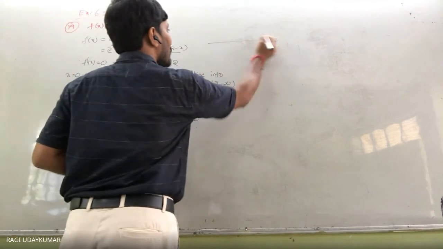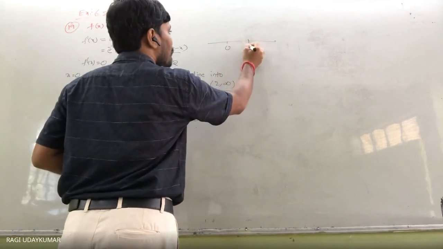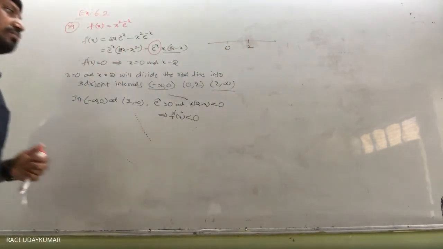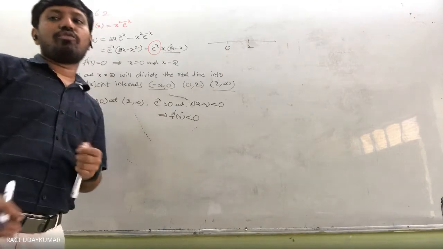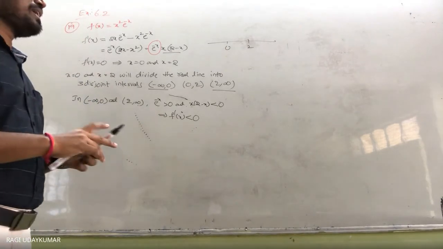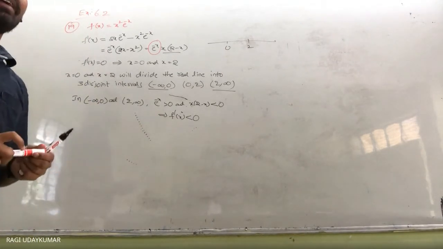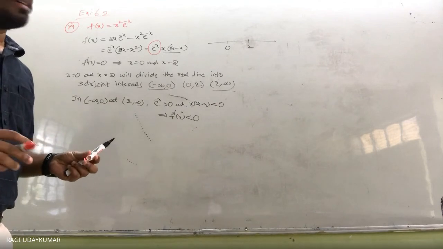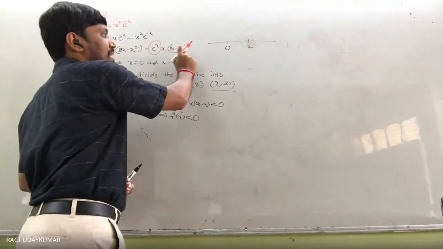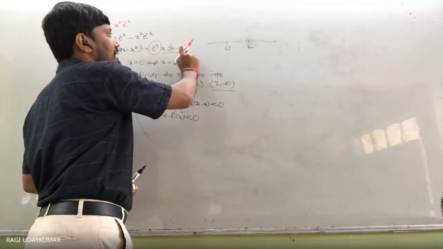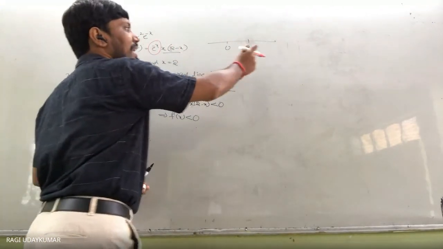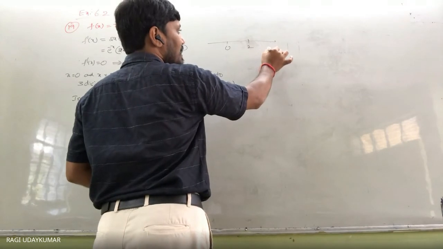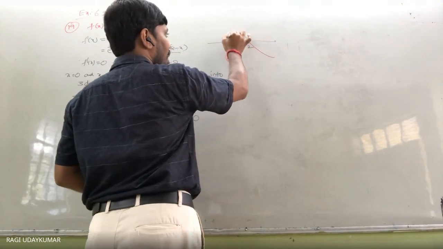If you want, you can apply the wavy curve method. But while applying the wavy curve method, you should be very careful that x into 2 minus x is given. For values greater than 2, it becomes negative. So you take the curve from here like this.